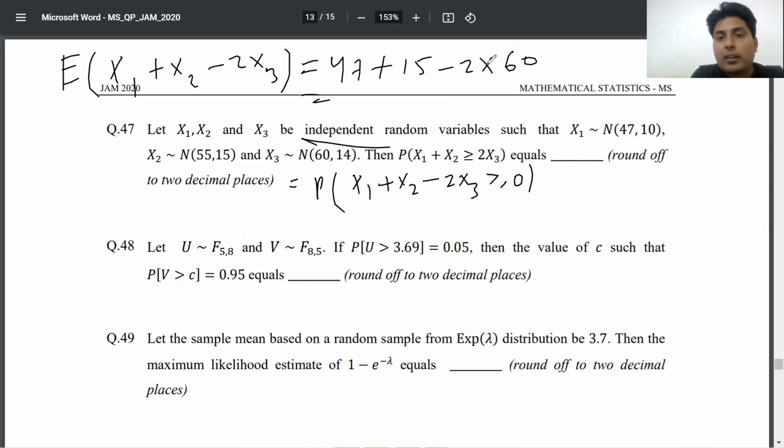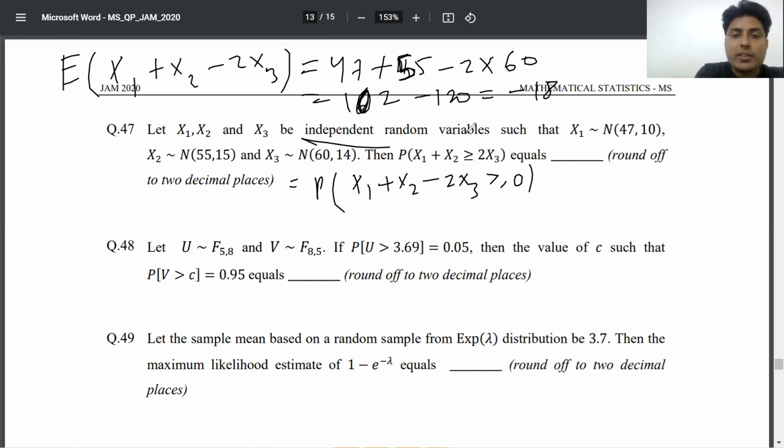So that we get 102 minus 120, that is minus 18.